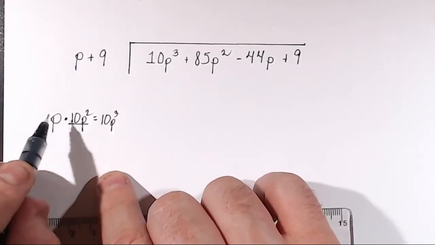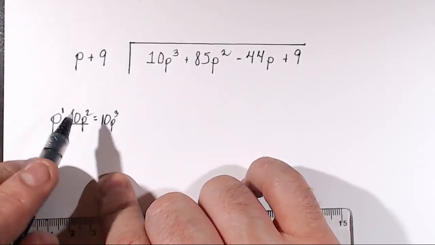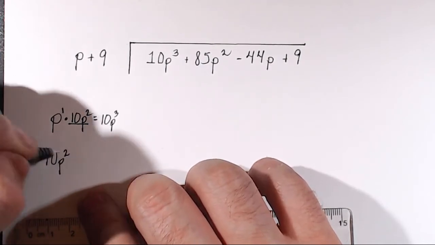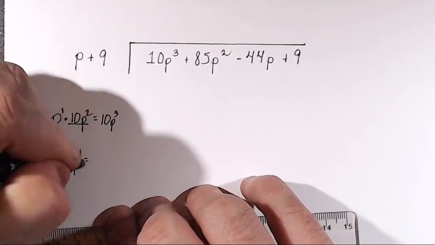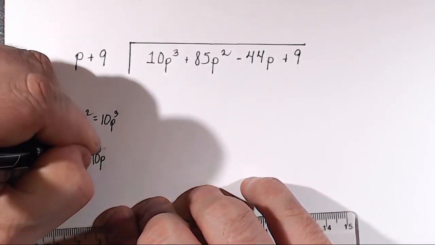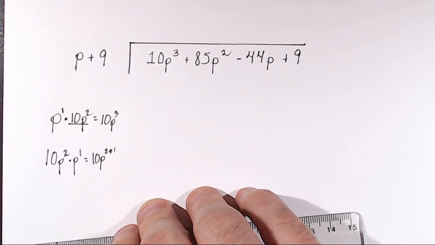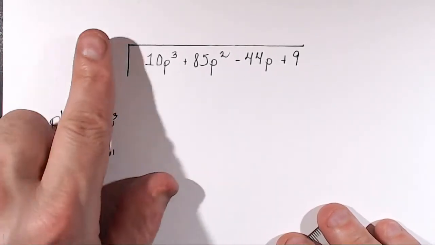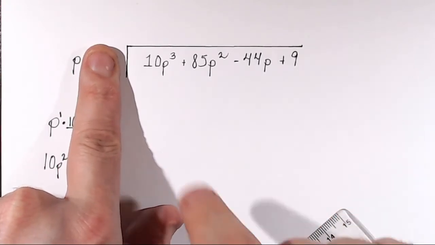Because p has the power of 1, mathematically you have 10p squared times p to the first power, which equals 10p to the 2 plus 1 power, which is 10p cubed. Back to my question: what do I need to multiply by p to get 10p cubed?